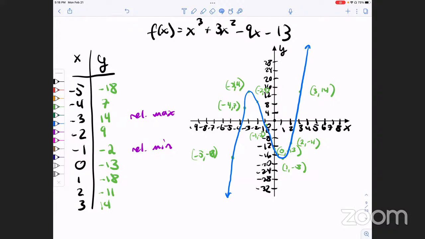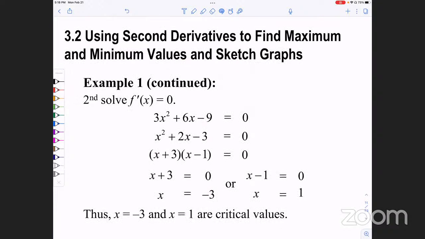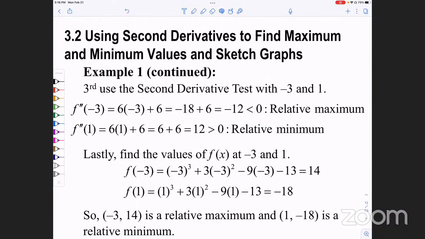So it says first find the first and second derivatives. I think we got both of those results. So, solve f prime equal to 0. So they got -3 and 1. So -3 and 1 are critical values. Use the second derivative test with -3 and 1.